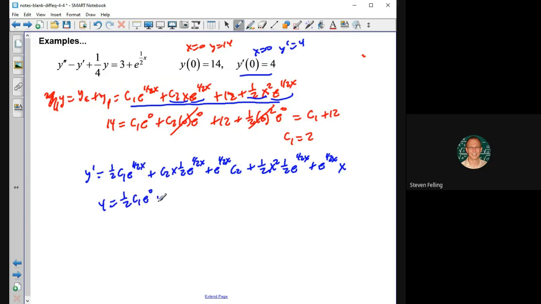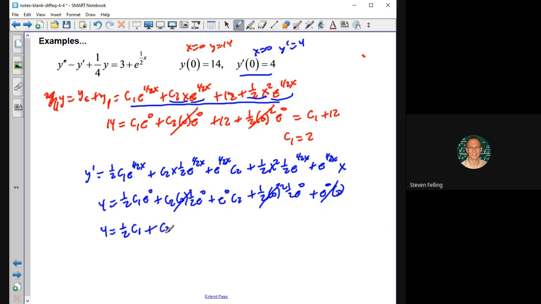So that would be 1/2 c1 e to the 0 plus c2 times 0 times 1/2 times e to the 0, plus e to the 0 times c2, plus 1/2 times 0 squared times 1/2 e to the 0, plus e to the 0 times 0. So anything with a 0 here goes away. But that means that 4 equals 1/2 times c1 times 1, plus e to the 0 is 1, times c2.